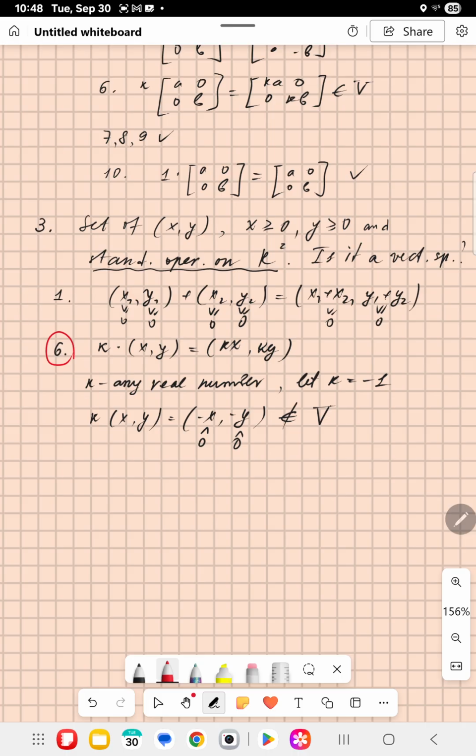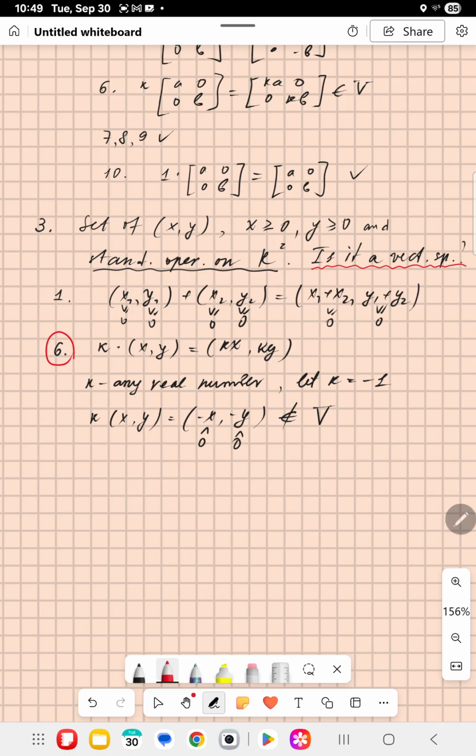We can try to check other axioms, but if I'm not asking you to find all the axioms which are not working, but just asking if it's a vector space or not, it's enough to find one axiom not working. So try to read the question carefully and answer the question, not always doing a standard procedure. Here I'm asking, is it a vector space?